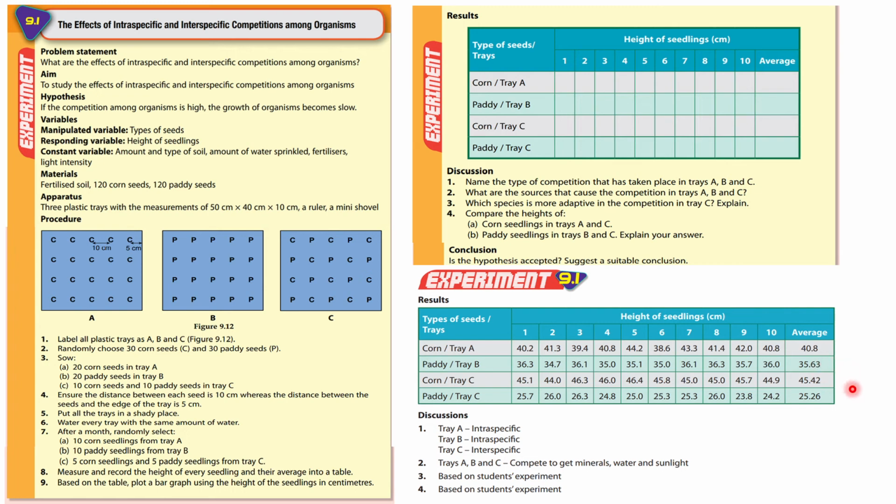And so to say, based on these results, if we are to compare the different species in tray C between corn and paddy, it seems that the corn is more adaptive, adapting better as compared to paddy in tray C. We are talking about the interspecific competition, based on the data here.